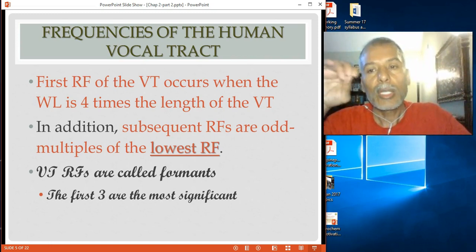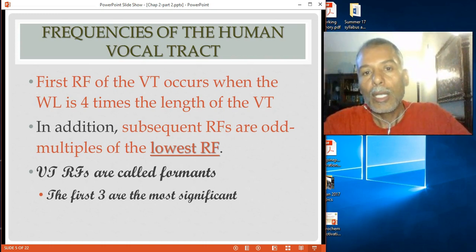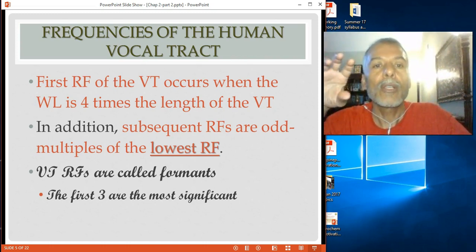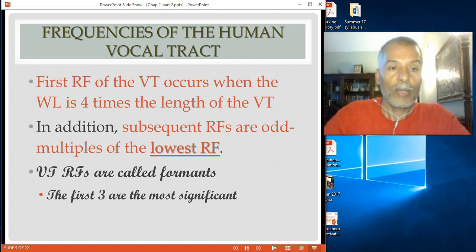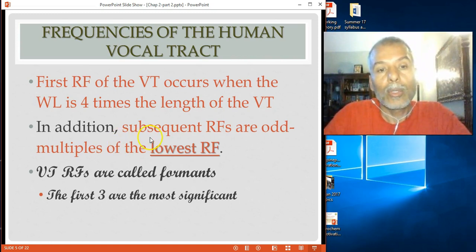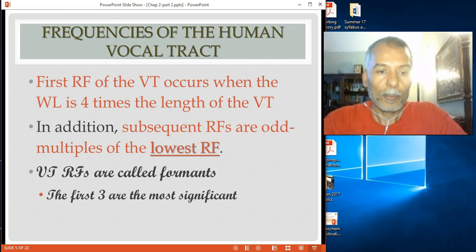It is going to selectively eliminate certain frequencies and leave certain frequencies, and this way it will enhance and maximize the sound. Again, it will leave the odd multiples of the lowest resonant frequency, and it will eliminate the even ones, and I'm going to explain how.